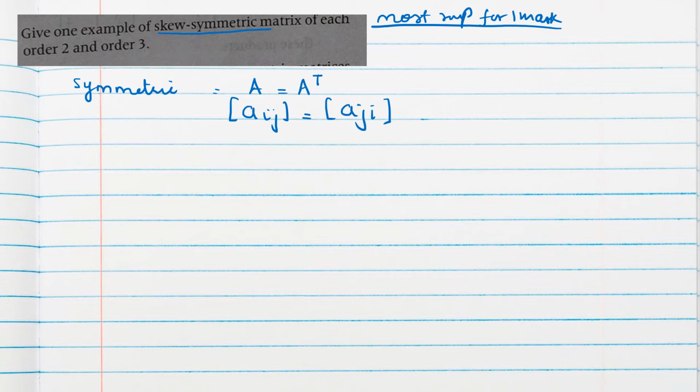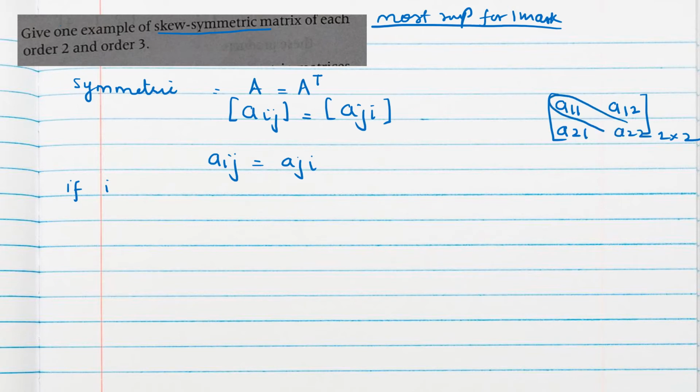Consider one example, one element from this matrix. One element means Aij is equal to Aji. Okay. Now, if I want to find diagonal elements, so diagonal elements means what? Suppose this is a 2 by 2 matrix. So here A11 element, first row first column element, first row second column element, second row first column element, second row second.